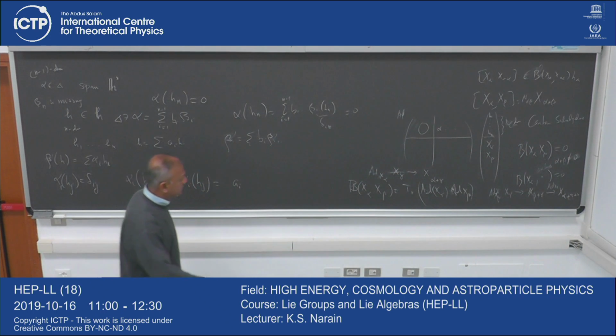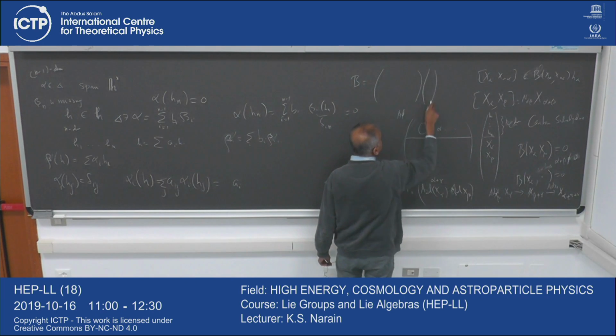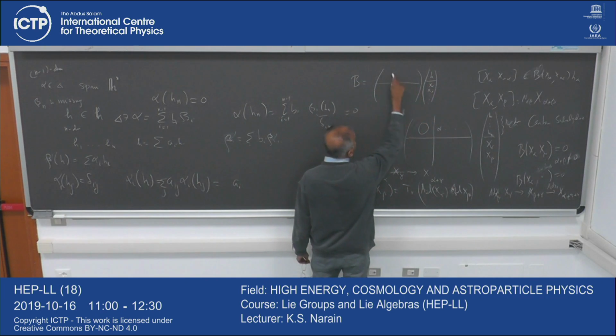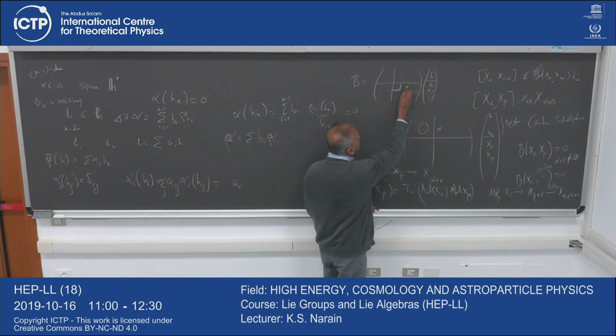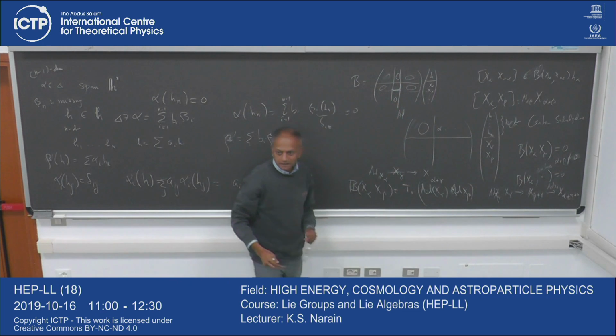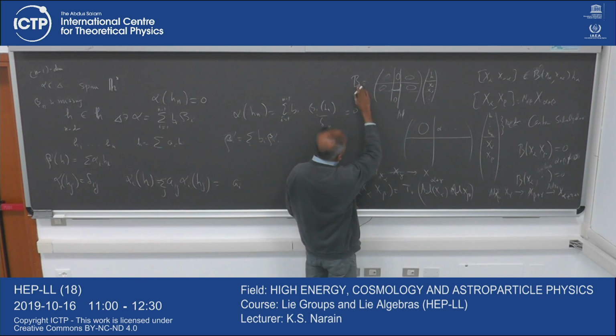So if I write the B matrix directly now, in this basis, if you have H, x alpha, x minus alpha, and so on, then look at this little block here. This is the only possibility, and everything else is 0 here.